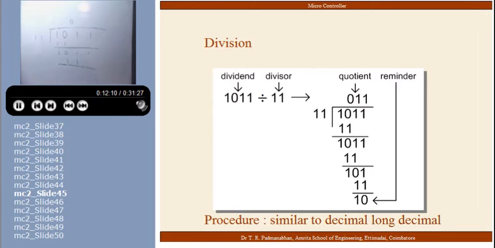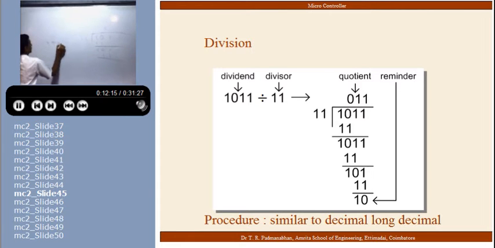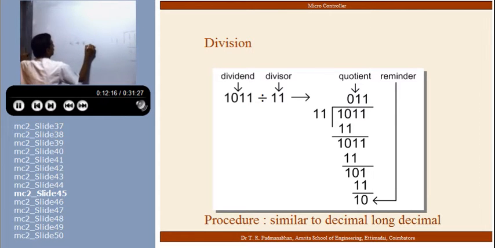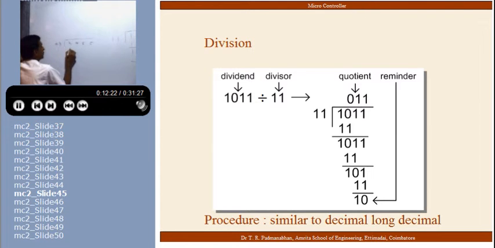No, I got here 3485. I have to divide this by 43. First I put a 43 here. I try to subtract. This 43 is larger than this. I put a 0 here. 3485. I put here 43 or multiple. It's okay?